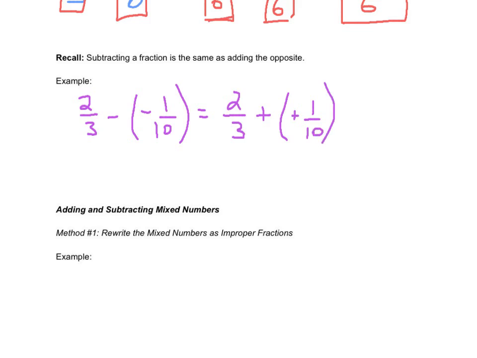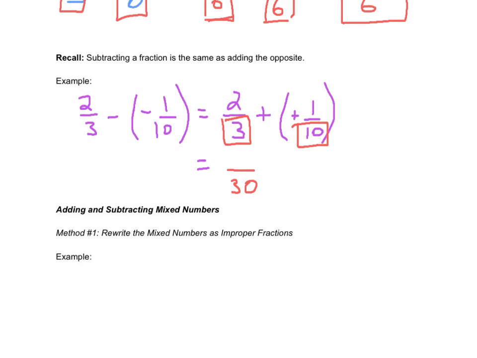Now we need to come up with a common denominator. 3 and 10 are not common. A common one between them, though, would be 30. So we're going to rewrite each of these fractions as equivalent fractions out of 30. The first one, we needed to multiply 3 by 10 to get 30.